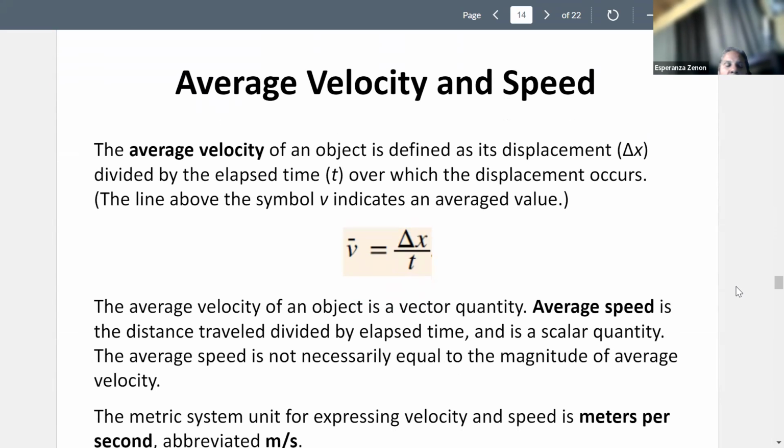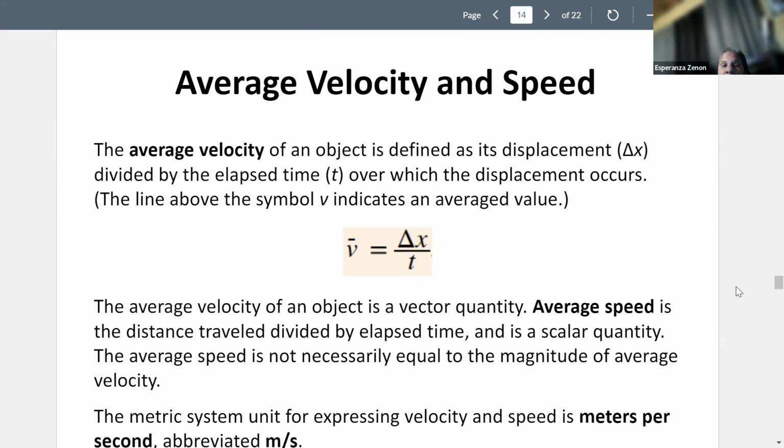All right. So now we need to take a look at some other properties that we measure besides distance and displacement. One of them is average velocity. Another is average speed. And now we have to come to some understanding of terminology, because in everyday language, people sometimes use velocity and speed to mean the same thing.